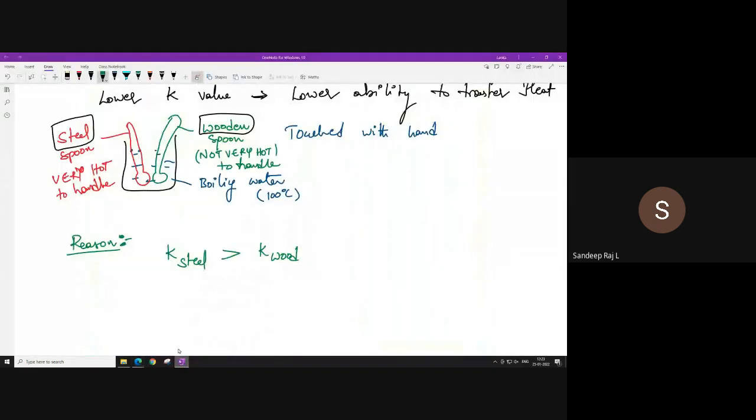Either you can take 50 watt per meter Kelvin here, or 15 watt per meter Kelvin. Anything is okay here. So the value of steel will be in this range.